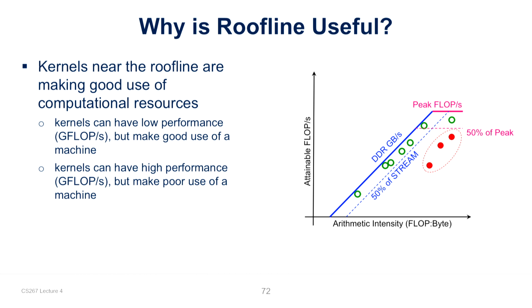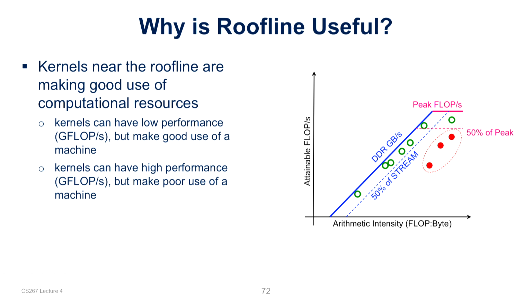Kernels that are near the roofline are using the computational resources very effectively. If they have a low performance, but they're using the machine well, then what does that tell you? It says, can you come up with a way of doing less memory traffic, that is, moving your computational intensity to the right, because you're already using the machine well.